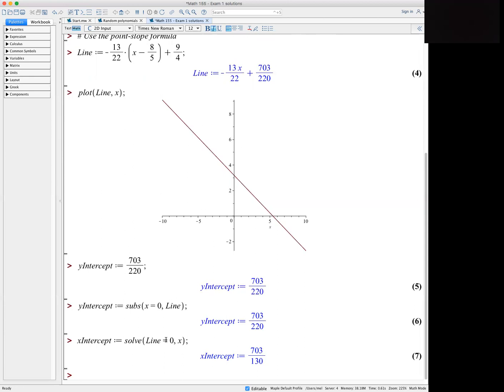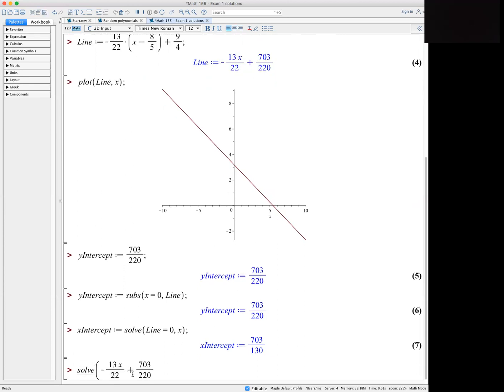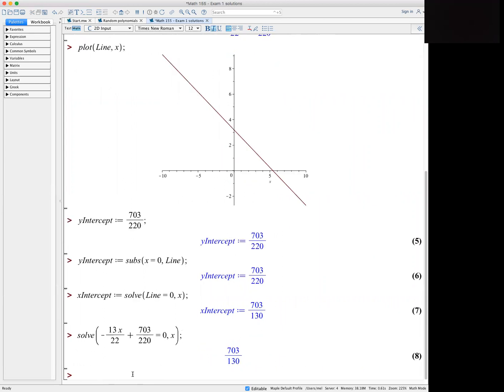Or another way to do this is you solve the equation equals 0 for x. Okay? Exactly the same thing. So this is the y-intercept, and this is the x-intercept.